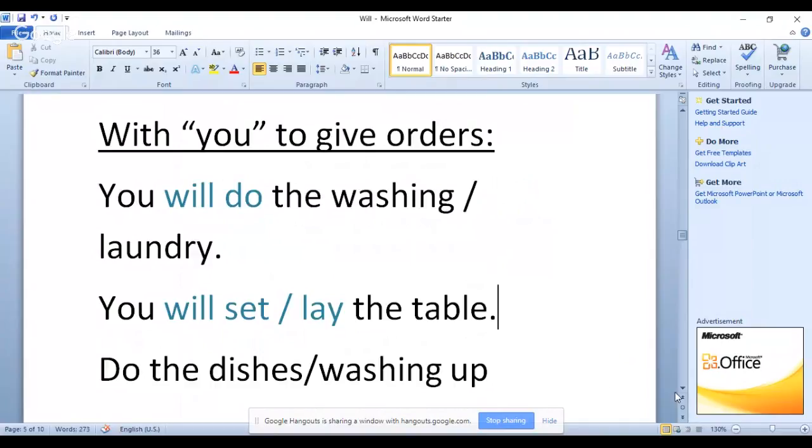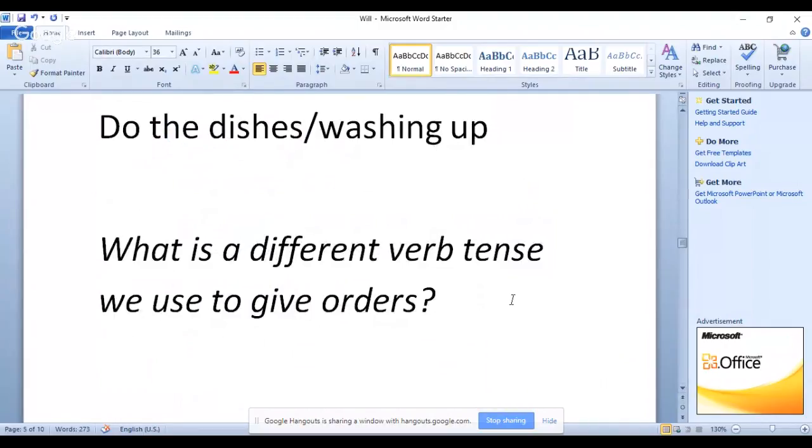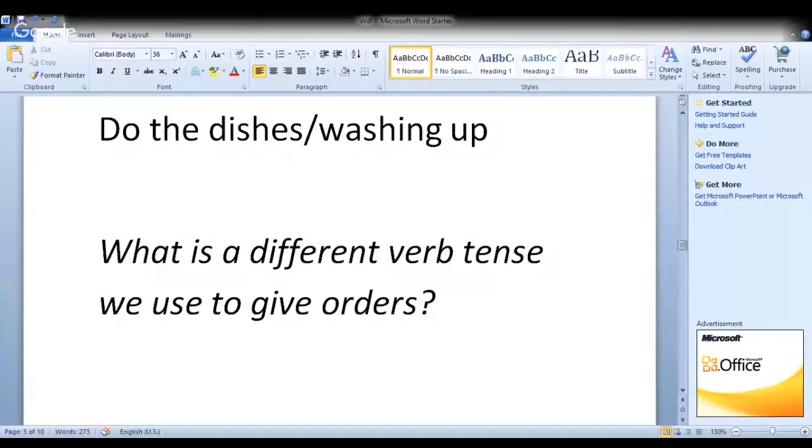So very good. Moving on. What is a different verb tense that we use to give orders? Ken, can you think of any verb tenses that we use to give orders or demand someone to do something? Kind of go now.